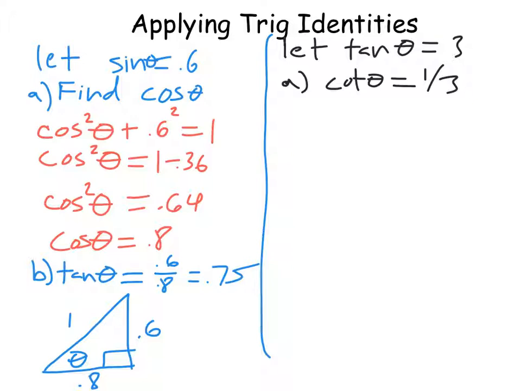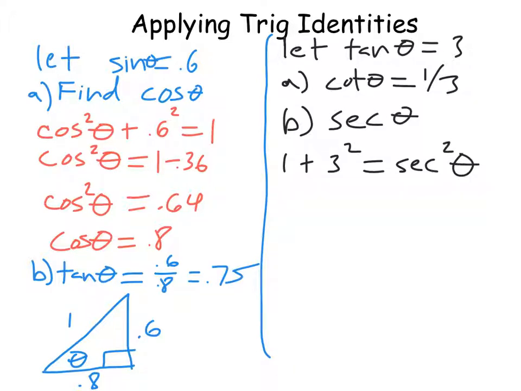I don't think you'd want to draw a diagram in that case. Now let's say from all this we want to get theta's secant value. Well, one of the identities states that 1 plus an angle's tangent value squared equals its secant value squared.